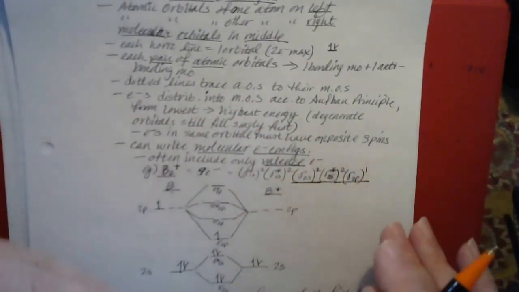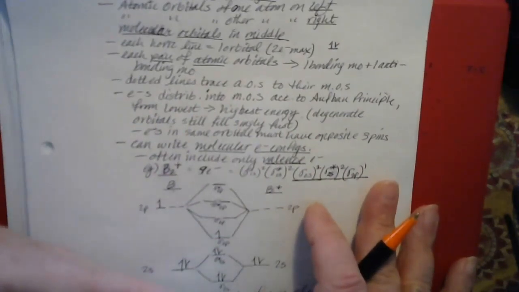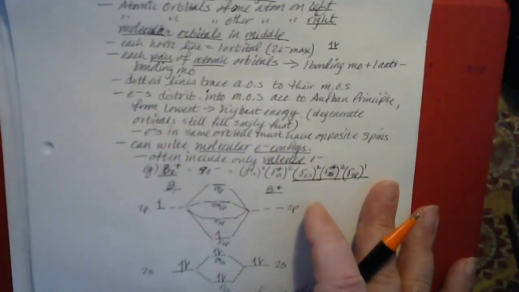The electrons distribute into the molecular orbitals according to the Aufbau principle. That is, the electrons go to the lowest energy position available, and they will fill orbitals one at a time. If the orbitals are degenerate, then the electrons will occupy them singly before they start doubling up.